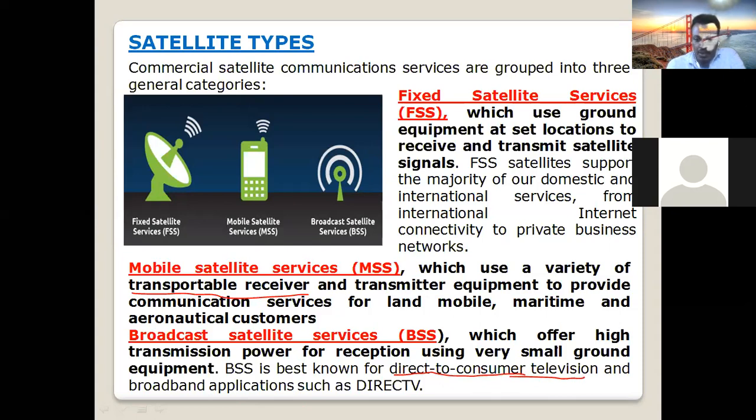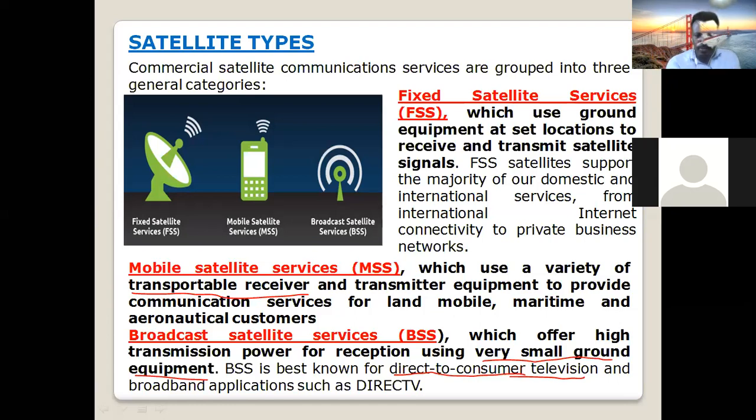In this case, we are using what? We are using very small ground equipment. Because the antenna on our roof is very small, a 1 meter dish antenna, you can receive TV channels, right? So this type of communication needs what?